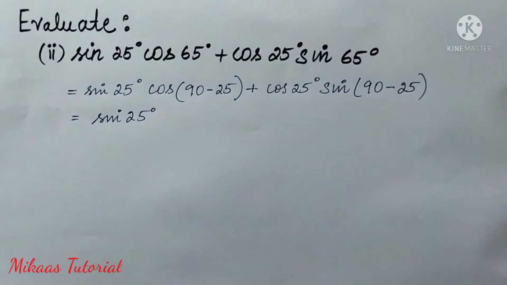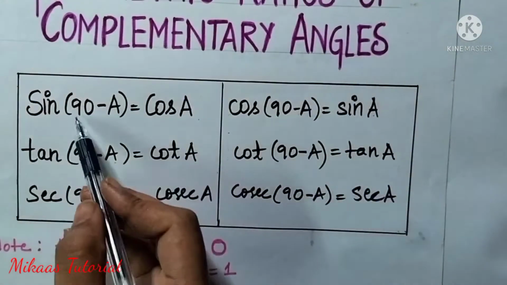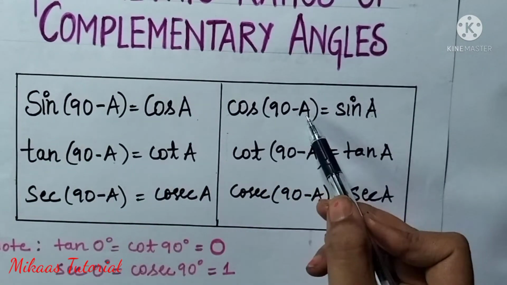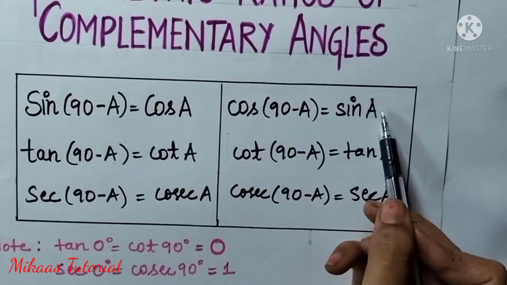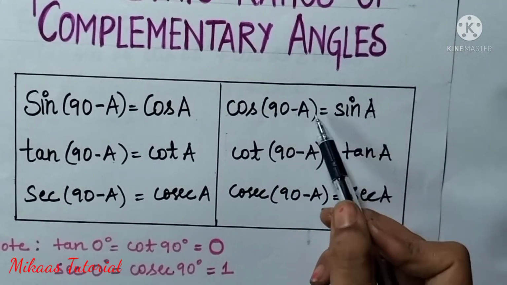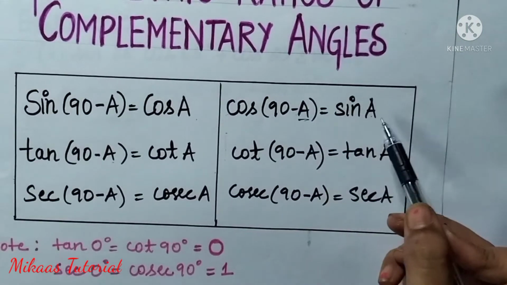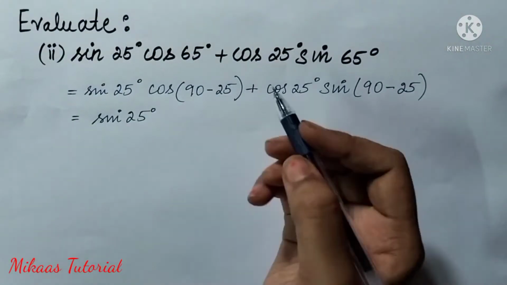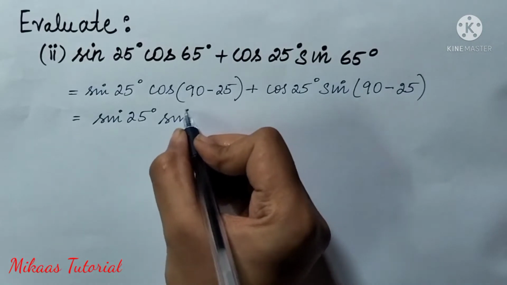We know the formula. Already we have read. Sine 90 minus a is cos a, and cos 90 minus a is equal to sine a, which means we have to convert this cos into sine and write the value of a here. So write in the same way. Cos 90 minus 25 is sine 25.